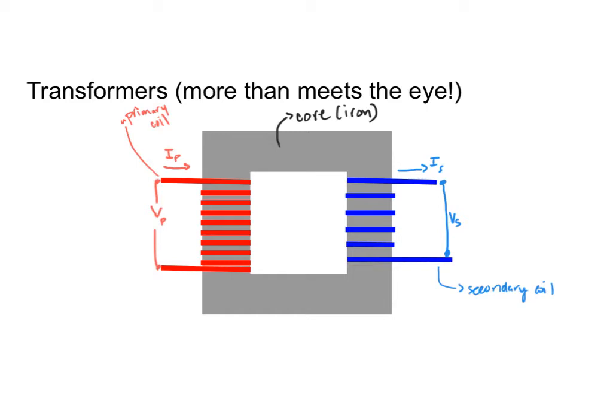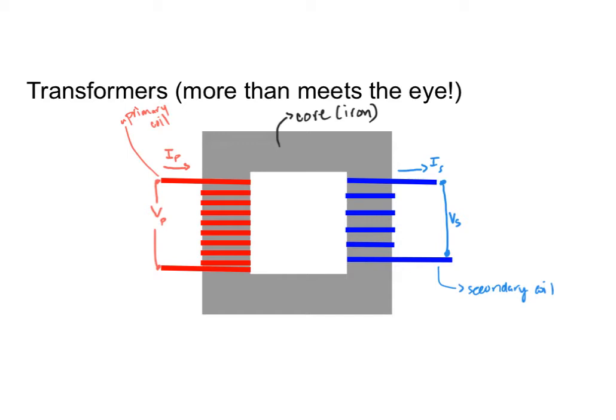And that changing magnetic field is going to generate a current in my secondary coil. And because the number of loops in my secondary coil is different from the number of loops in my primary coil, the magnitude of that current and the magnitude of that voltage are going to be different from the magnitude of my current and voltage in my primary coil.